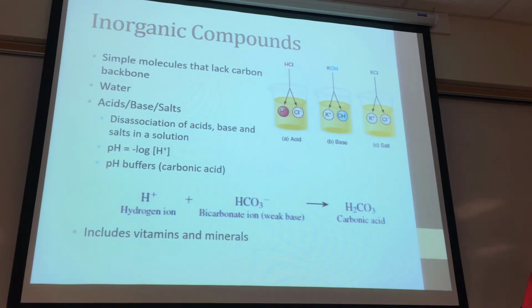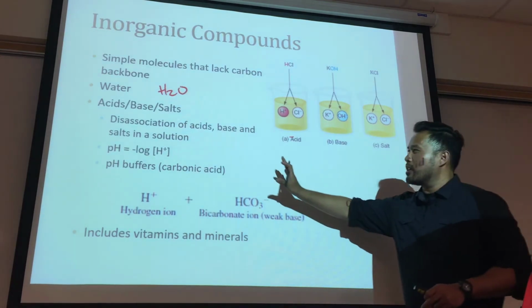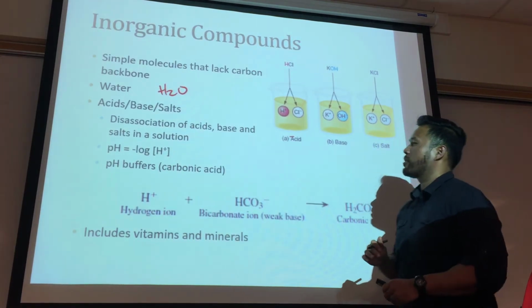So with that, we can see what types of molecules we have. We have water, H2O. We have acids, bases, and salts. And vitamins and minerals are typically inorganic. Here with acids, bases, and salts, I won't get too much into it, because this is something that you saw in chemistry.